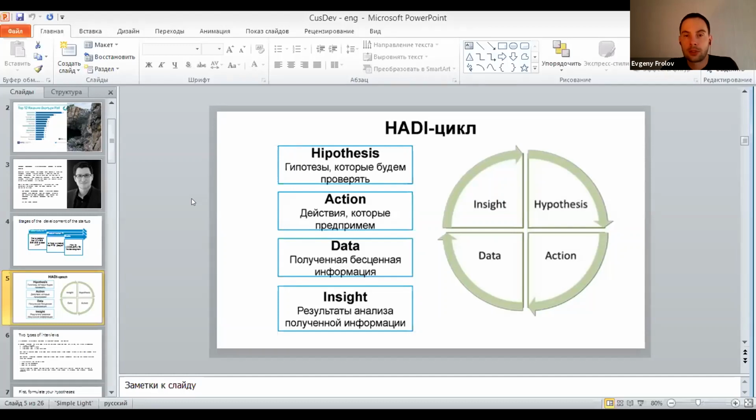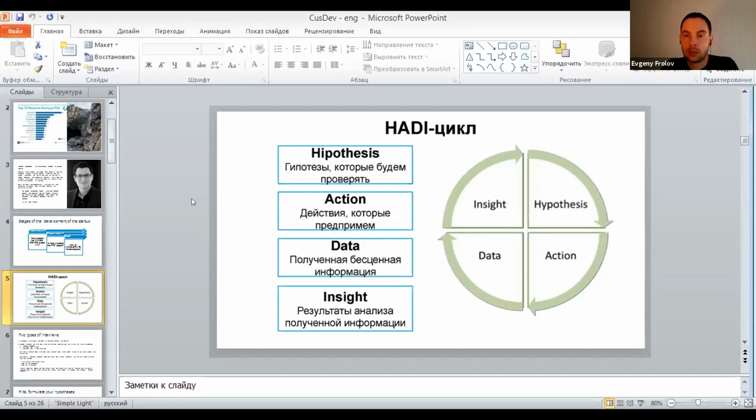So usually you split your path to success into iterations, usually of 1 week. It's the most common approach, I would say. So what's going on when we use the HADI cycle?